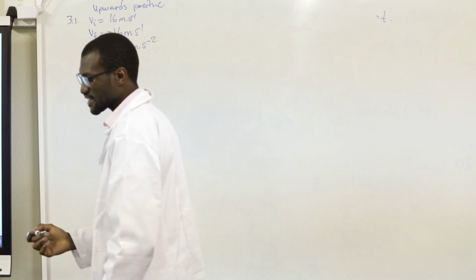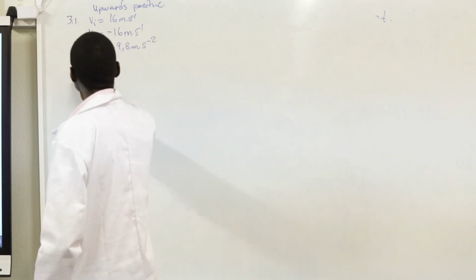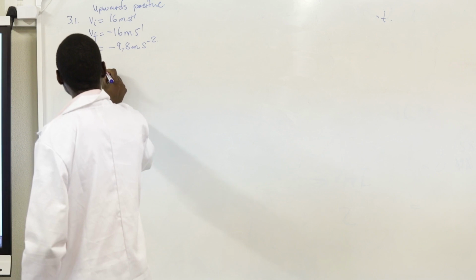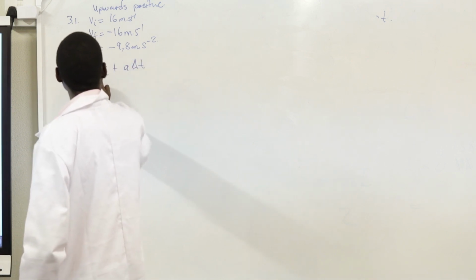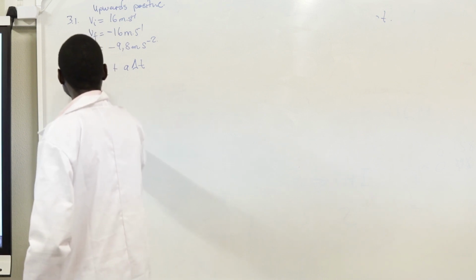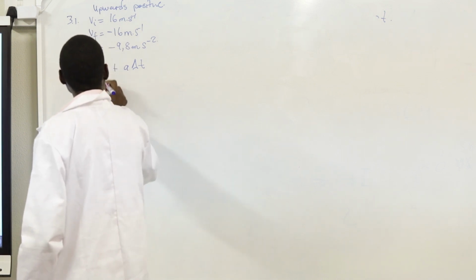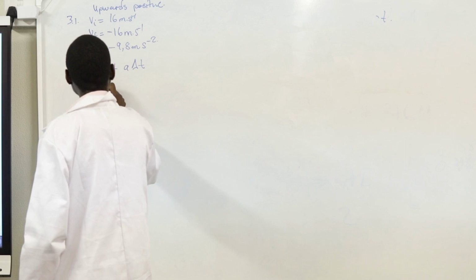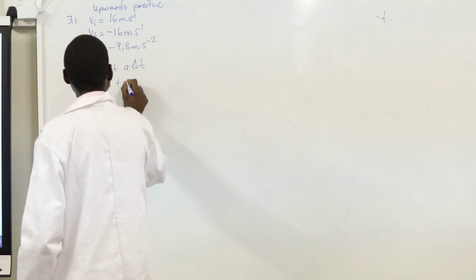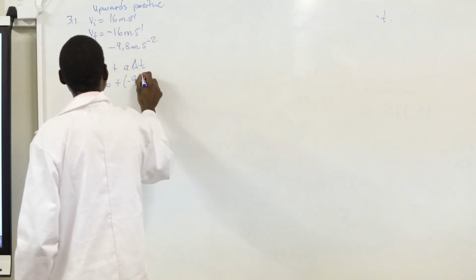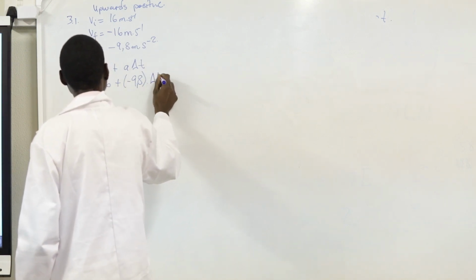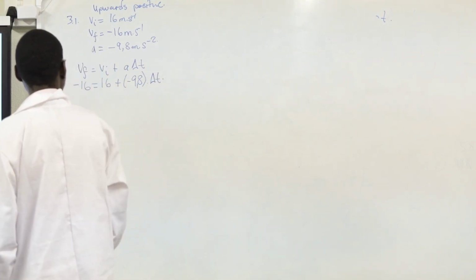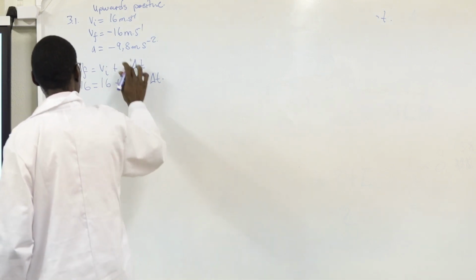Once again, we can simply calculate it by using V final is equal to V initial plus acceleration times change in time, of which V final here is minus 16, is equal to V initial 16 plus minus 9.8 times the change in time. Why negative?